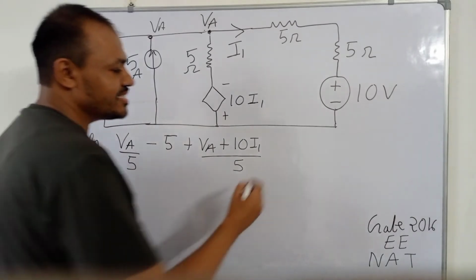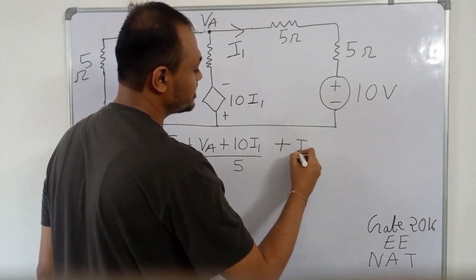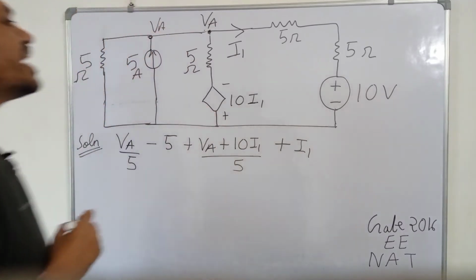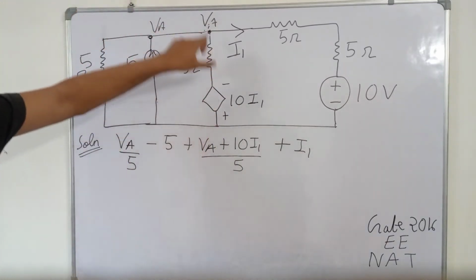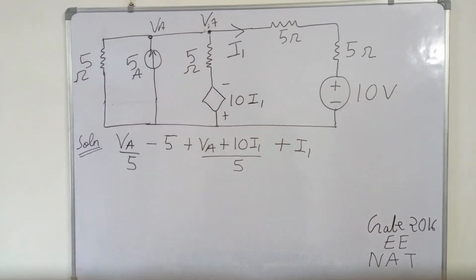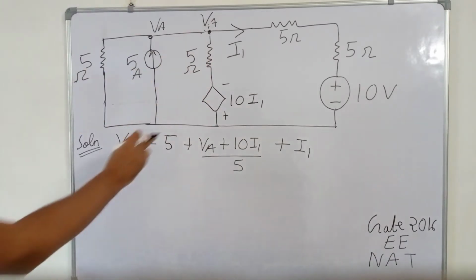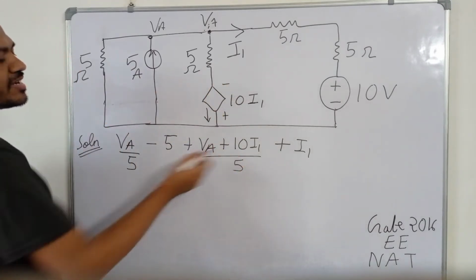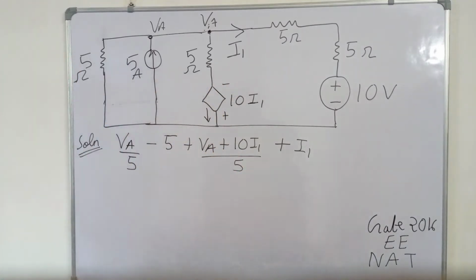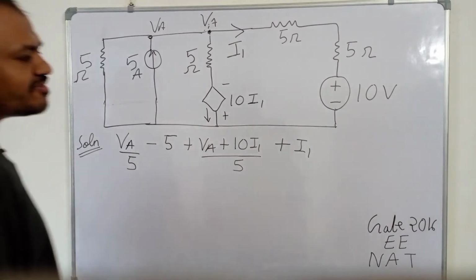Then plus I1, because I1 is again an outgoing current, and I have taken this current also as outgoing. This current direction will be like this, so it is outgoing and taken as positive. So this should be equal to 0.